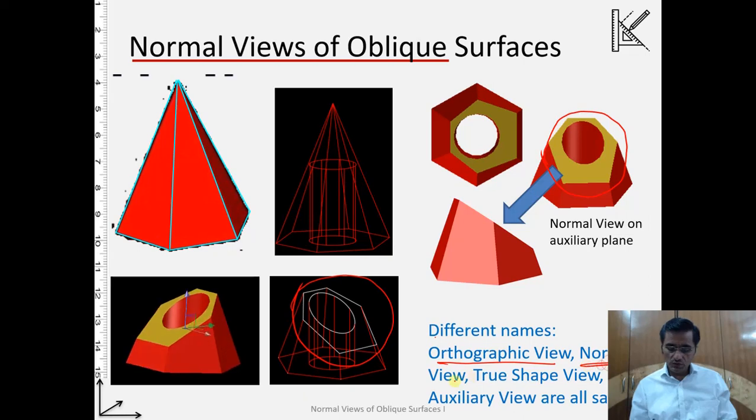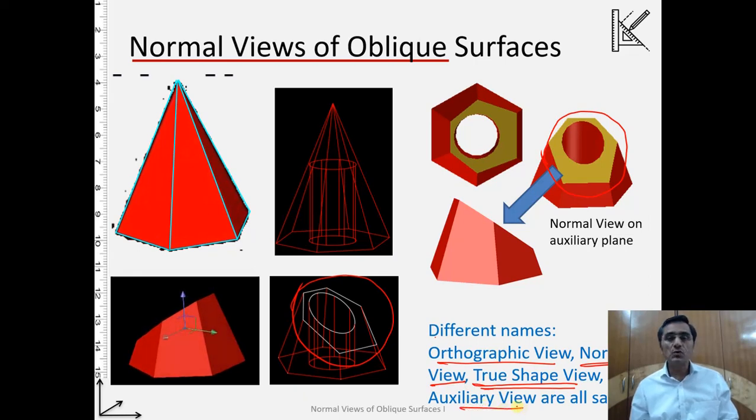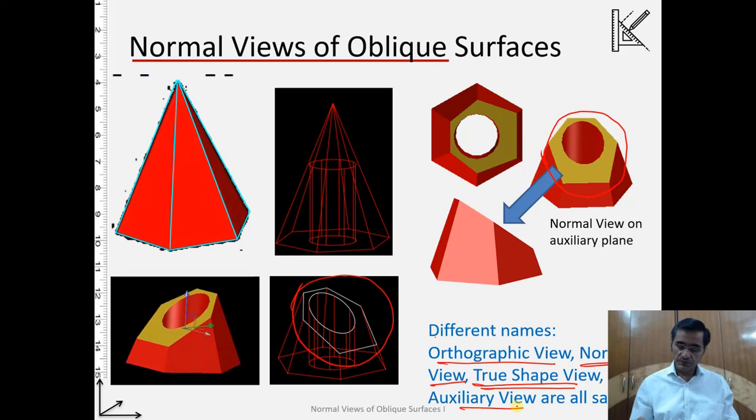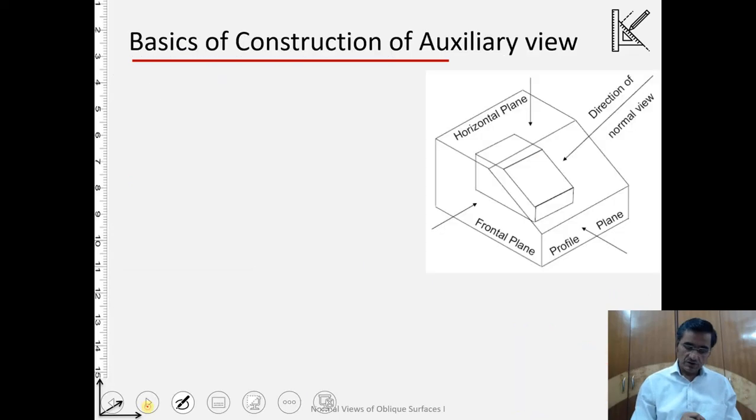Normal view means it is the true shape view. Also, that is called true shape view. Auxiliary view, because we are creating on an auxiliary plane, and on that auxiliary plane we are creating the normal view. So sometimes it is also called the auxiliary view. So these are just the terms which we should know.